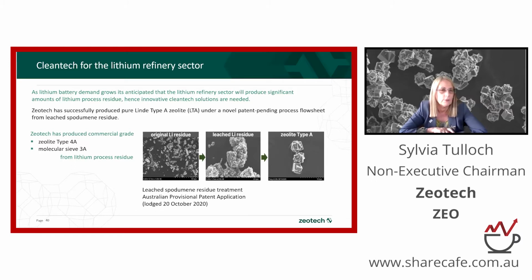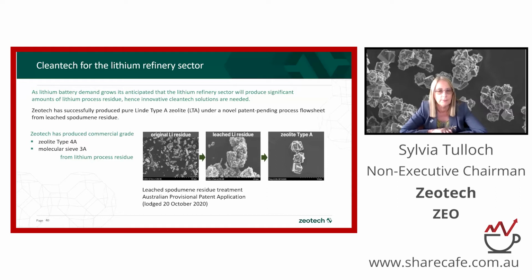And we've patented, or patent pending, we're going through the process, a novel process using zeolite, producing zeolite from leached spodumene residue. So what that means is that you can mine these materials that have aluminosilicate residues and, using our process, turn them into a very useful and valuable material. And in particular, zeolite type 4A and molecular sieve type 3A.